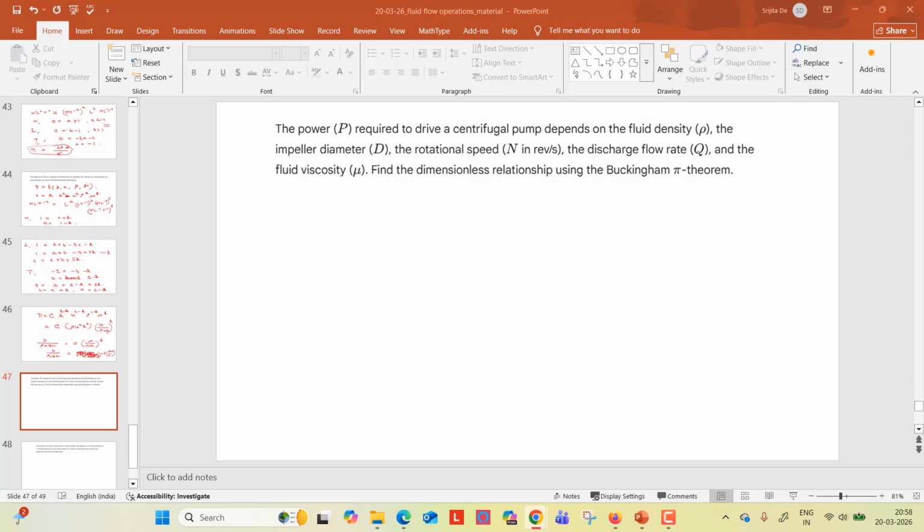Find the dimensional relationship using the Buckingham Pi theorem. So what is there?